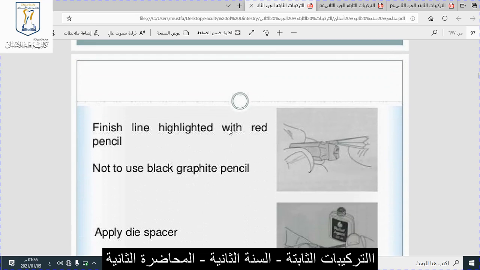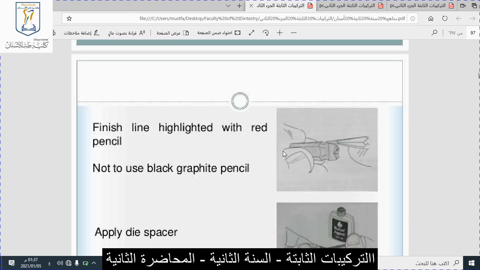Highlight the finish line with a pencil. The pencil color contrasts with the color of the wax, so it is easy to identify the margin. But we do not use a graphite pencil, because graphite will sometimes be incorporated in the case of chrome cobalt or nickel chrome cobalt alloy and makes the alloy more brittle.